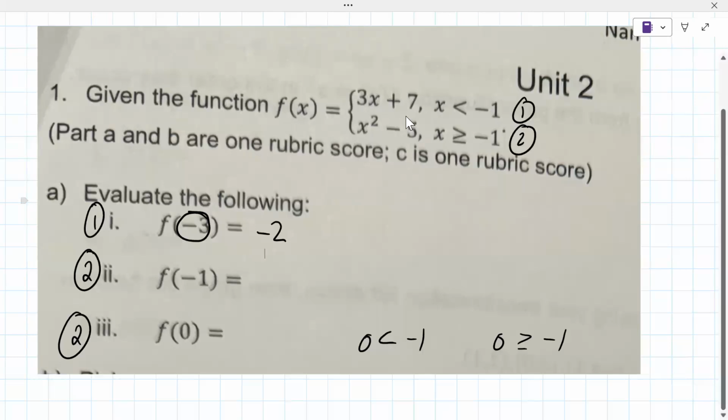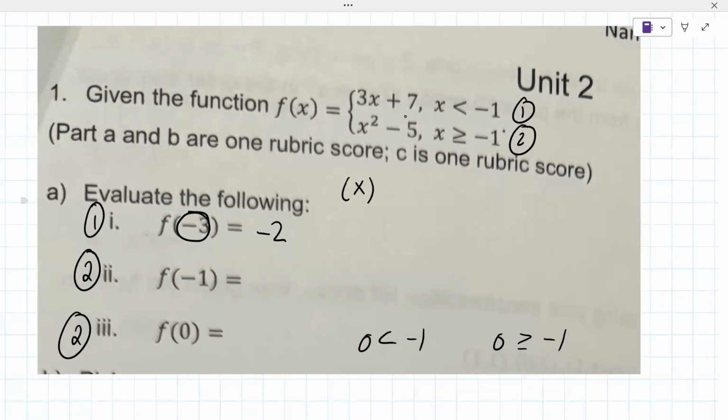Into the second piece. Okay. -1 plus 7 is going to be -6. It is not -6. Remember, the variable is in parentheses.